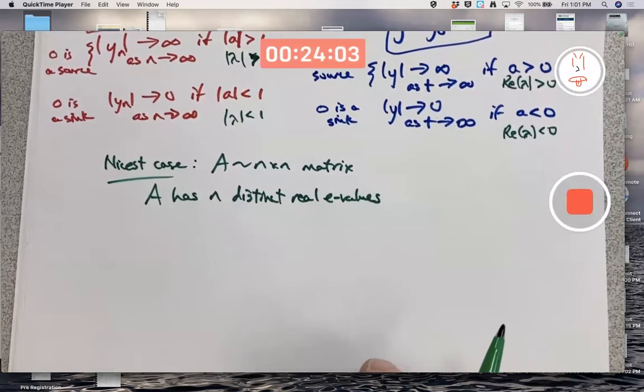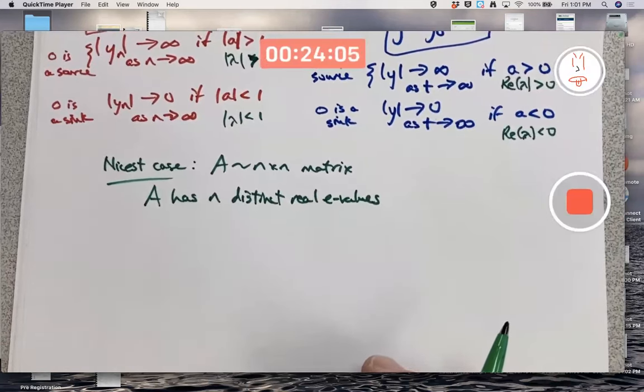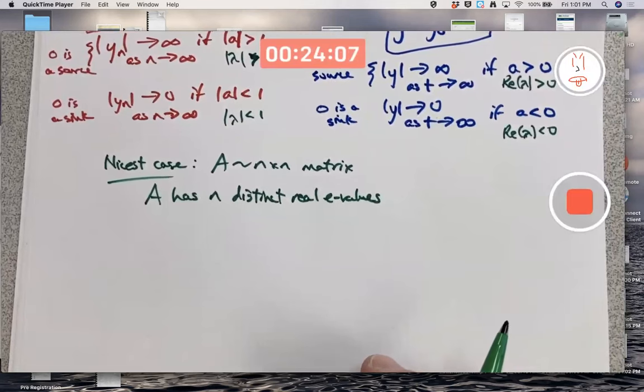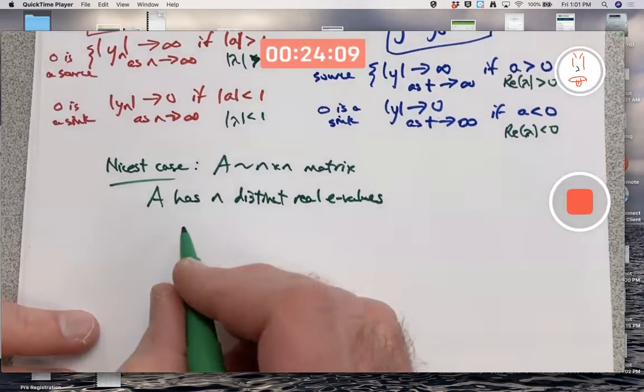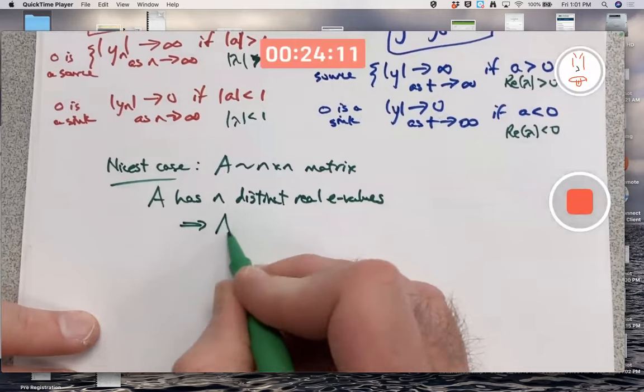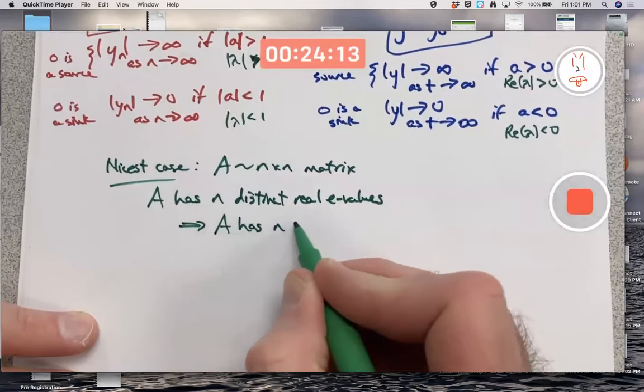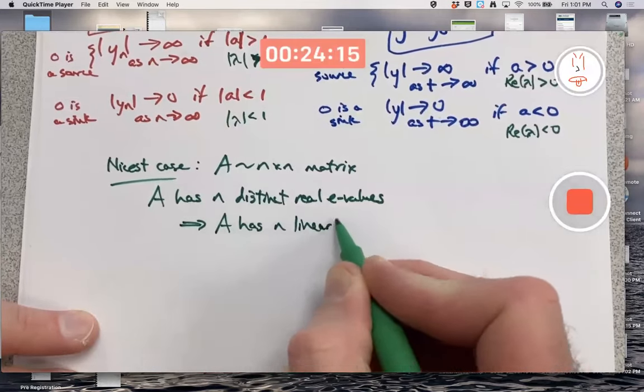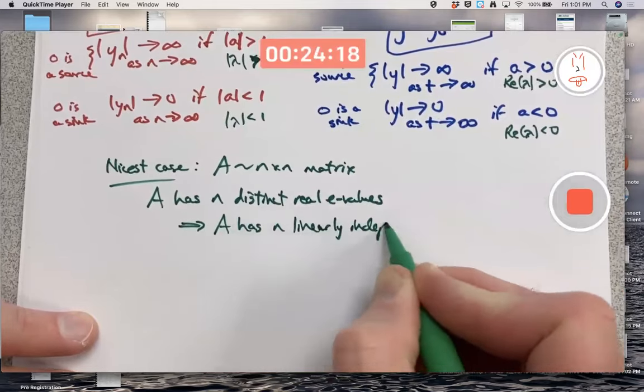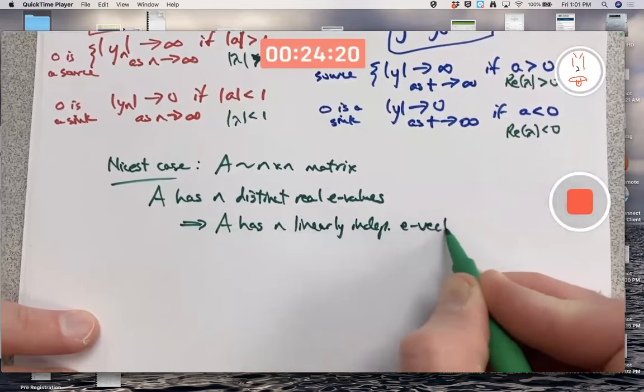For most of our examples, n is 2, so that means 2 distinct real eigenvalues. That means A has n linearly independent eigenvectors.